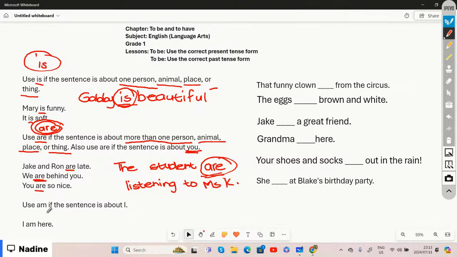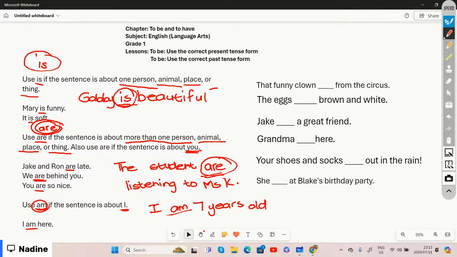Then we can use the word am. So we use the word am if the sentence is about I, right? For example, I say I am here, or you can say I am. This is grade 3, this is grade 1, so we can say I am, I think 7 years old or 6 years old, right?